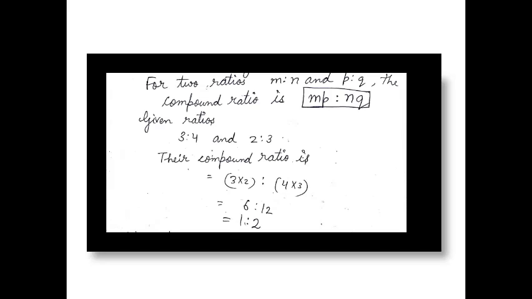So, in order to find the compound ratio, we have to multiply the first terms of the two ratios and then the second terms of the two ratios.